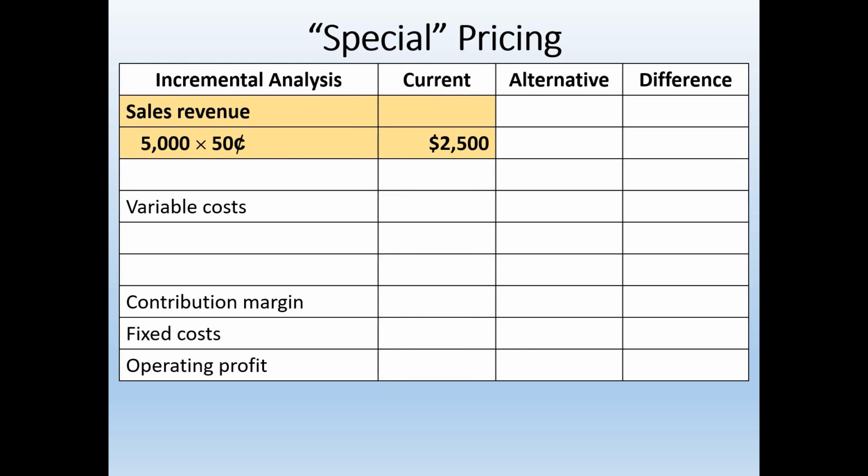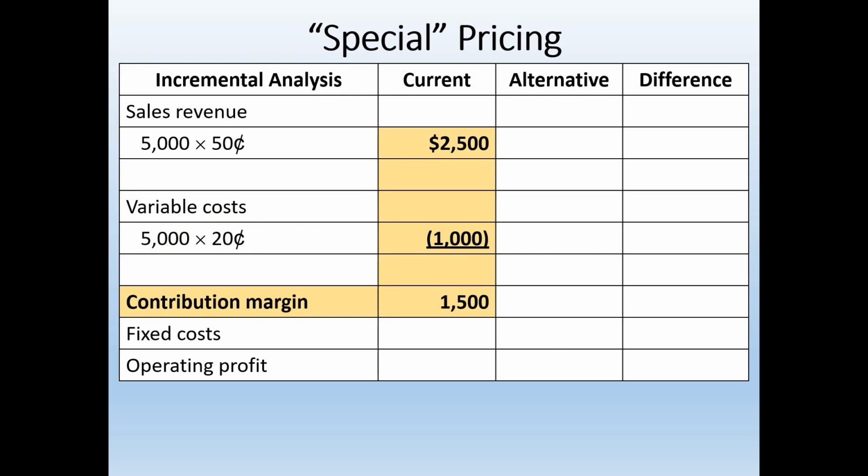Without the special order, the firm would have sales revenue equal to the 5,000 prints that it regularly sells at the regular selling price, 50 cents per print. The variable costs would be the 5,000 regular prints at 20 cents per print.